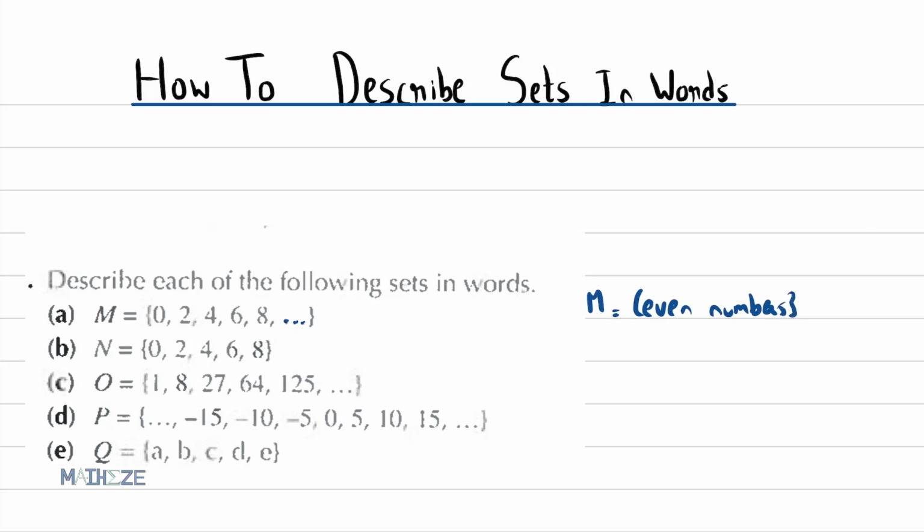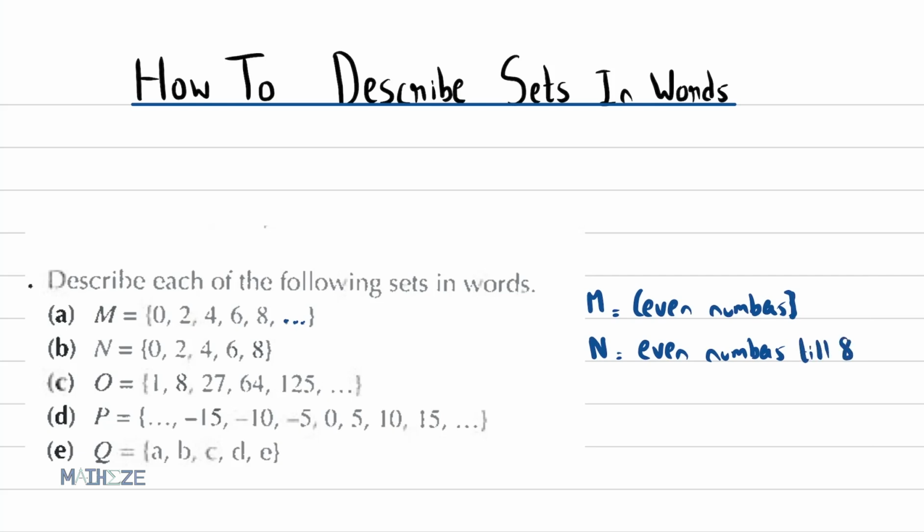Do you get this? Now, if you see set N, it starts from 0 and goes on till 8. So what can I write about it? I'm going to write even numbers till 8. Do you get this?